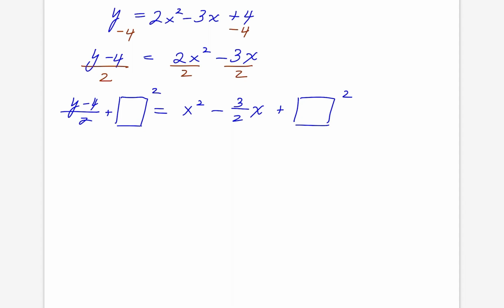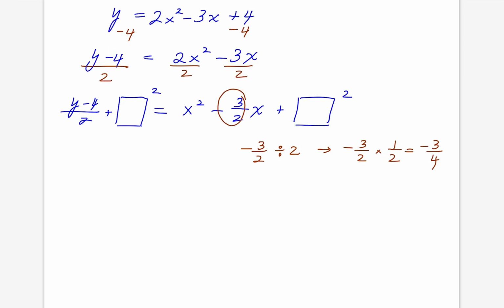Okay. So then what do we add here? We add whatever half of that number is. It doesn't matter whether you think of it as -3/2 or +3/2. But if I see it as -3/2, half of -3/2, which is -3/2 divided by 2, is the same thing as -3/2 times 1/2, which makes it -3/4.